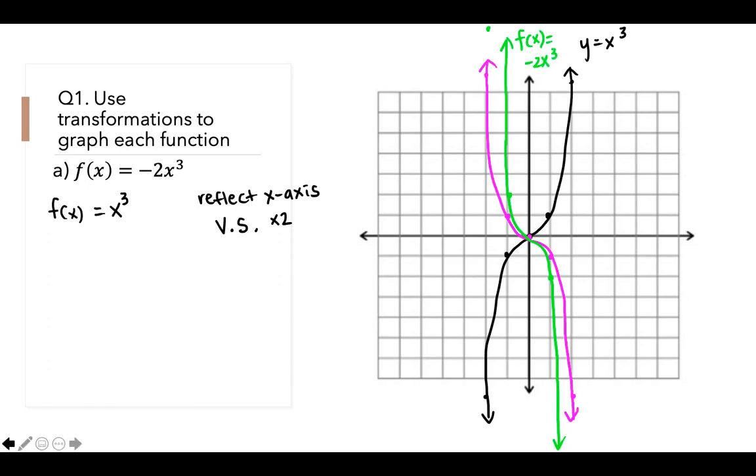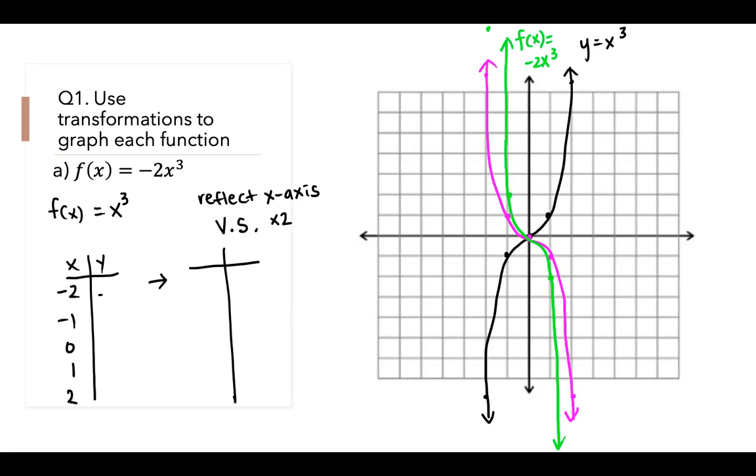Now, if you want to know more in greater detail, you could do a mapping rule. For example, I can show you this. For the mapping rule, my original points are -2, -1, 0, 1, 2 for x, and -8, -1, 0, 1, 8 for y. For my x value, it's just going to be x because nothing is affecting the horizontal. For y, it will be -2y.